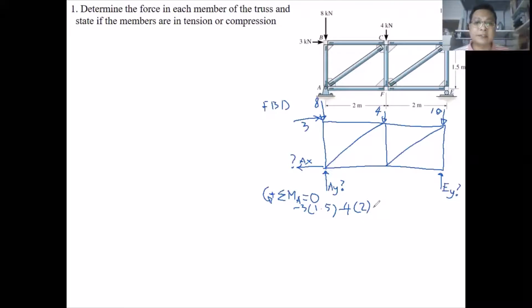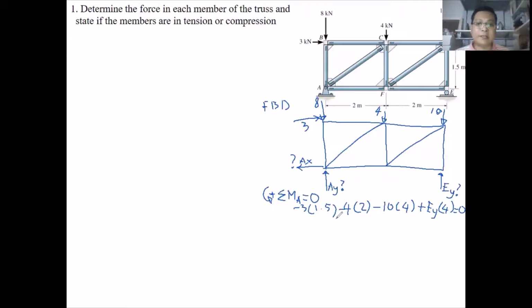And then we have 10 here with the distance 4 meter. And then in the clockwise direction, we have EY, in a similar direction, 4 meter. And then finish, so equal to 0.